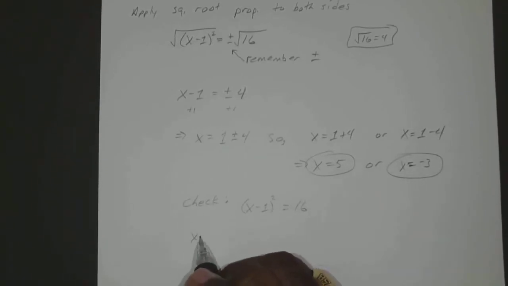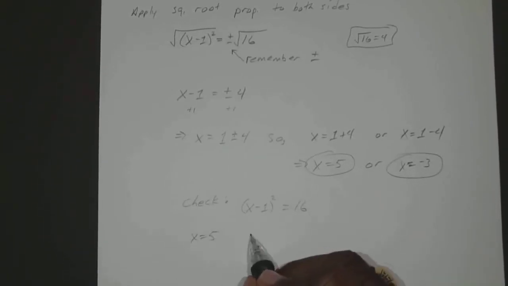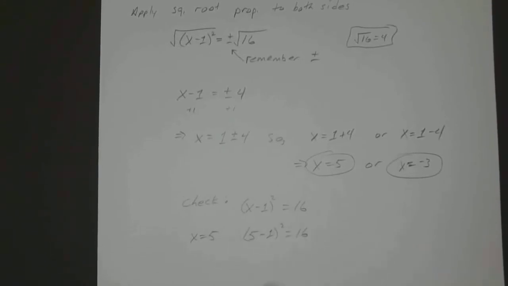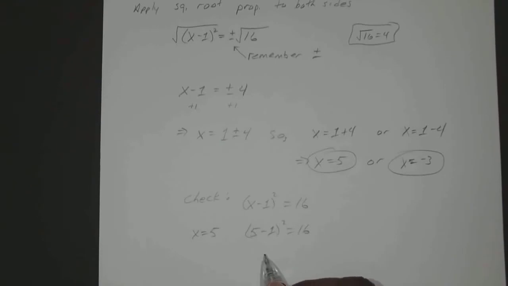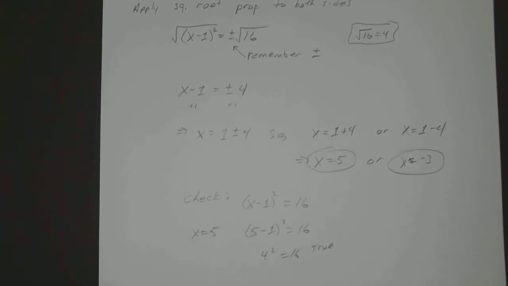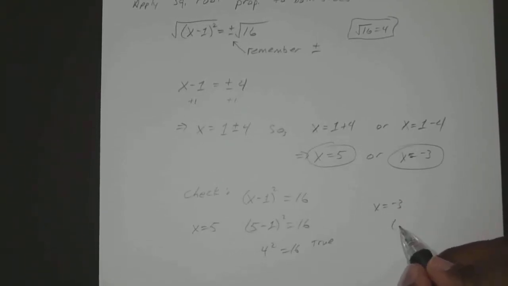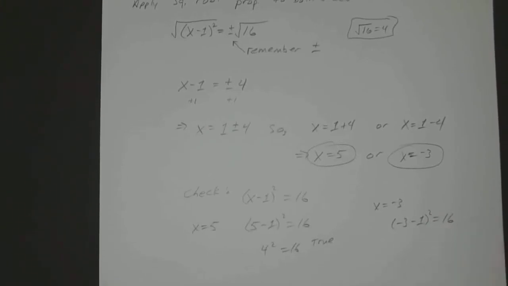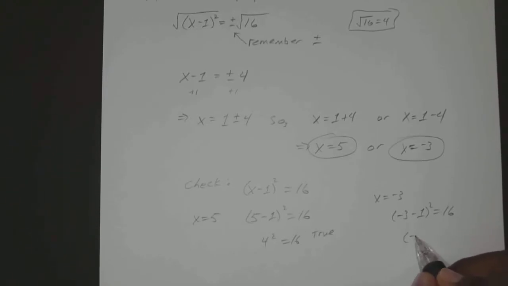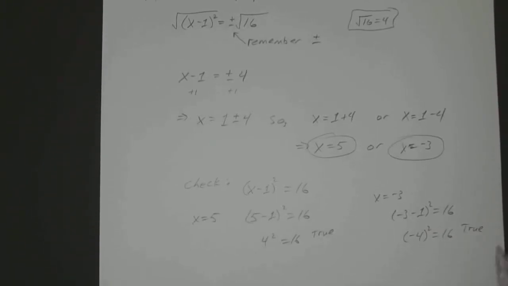If x is equal to 5, then that's 5 minus 1 squared equals 16, which is 4 squared equals 16, which is true. Now, if x is equal to negative 3, that's negative 3 minus 1 squared equals 16, which is negative 4 squared equals 16, which again is true.